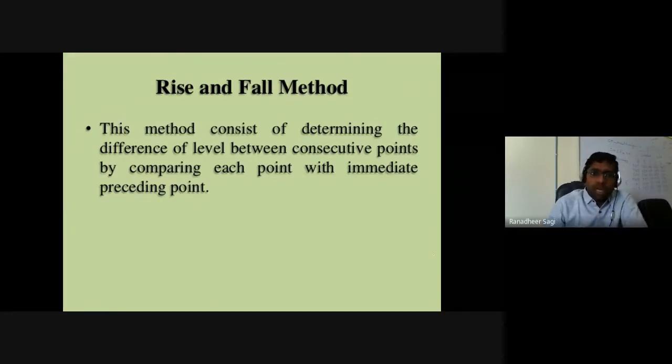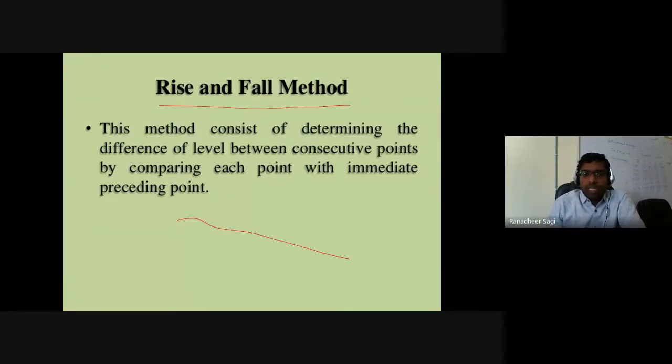Now the next method by which we'll understand how to determine the RL values of various points is the rise and fall method. Now, what do we do in this rise and fall method? This method consists of determining the difference of levels between consecutive points by comparing each point with the immediate preceding point. So what does this mean?